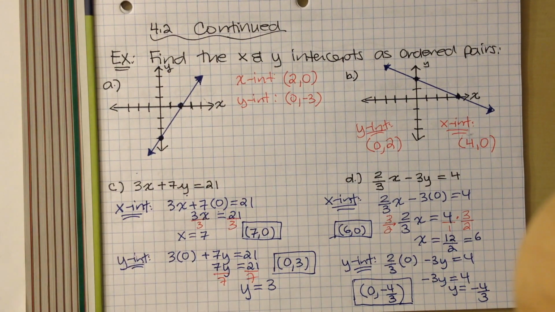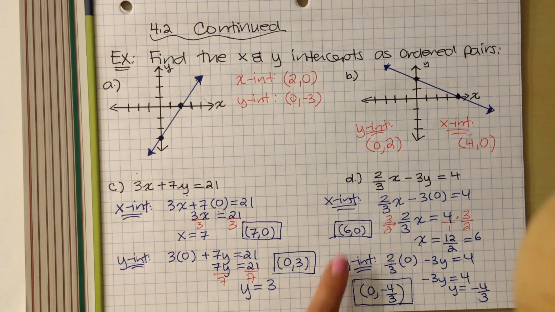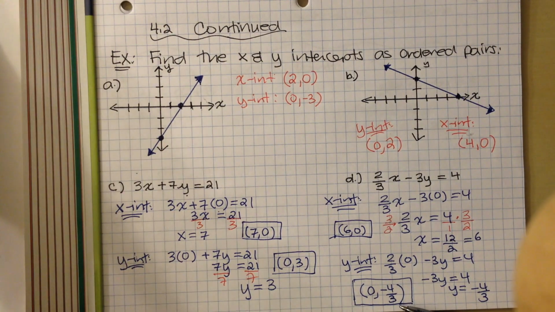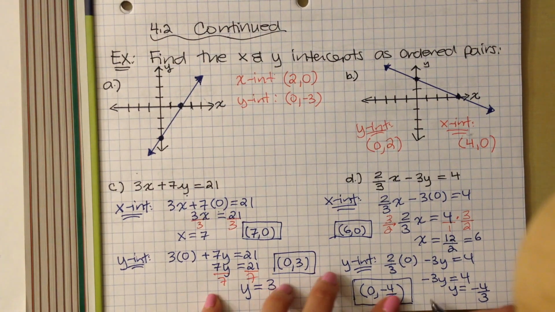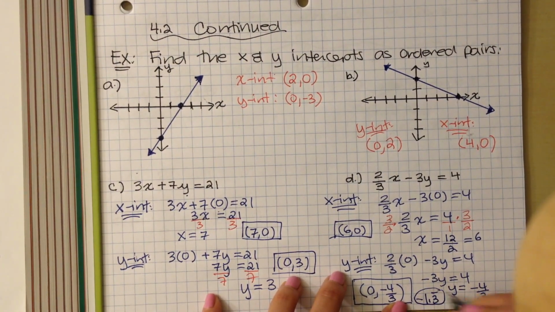So the question right now is, if you were asked to graph, you can easily graph these two points. I can easily graph 6, 0, but how do you graph this fraction? If you have a fraction, what you want to do is just divide. When we divide, we figure out that -4/3 is the decimal -1.3 with a bar, so it's a repeating decimal.